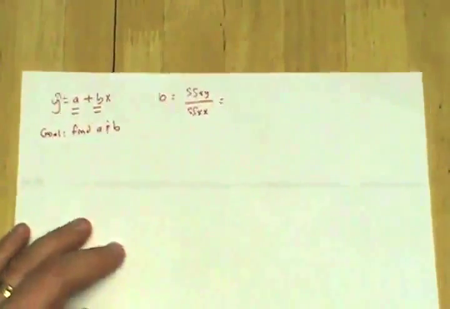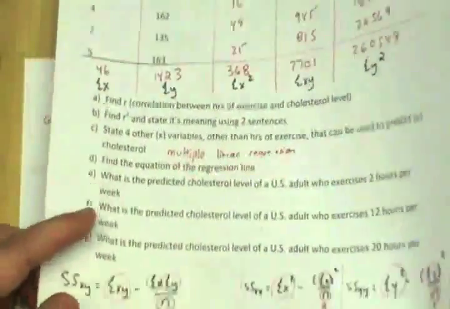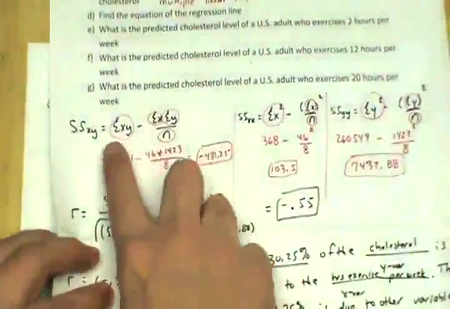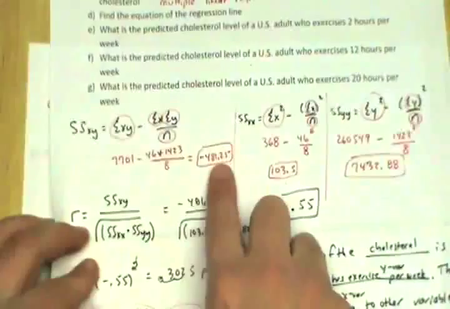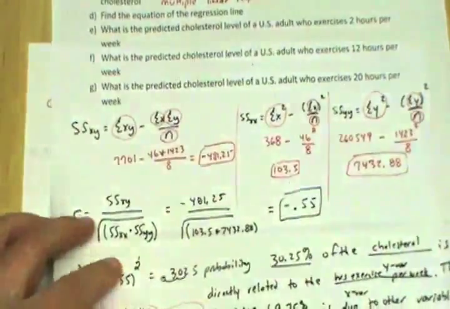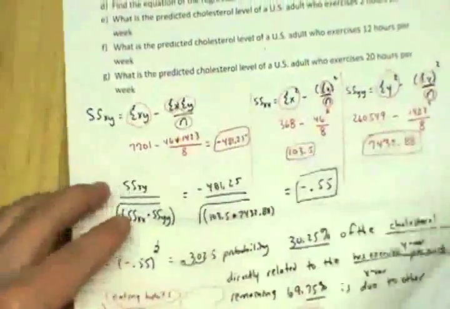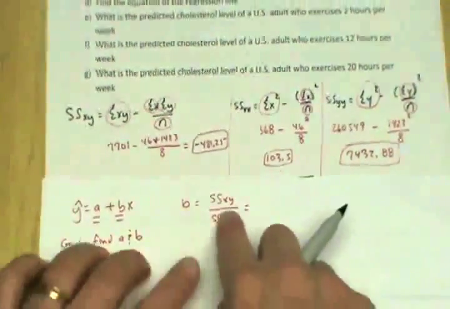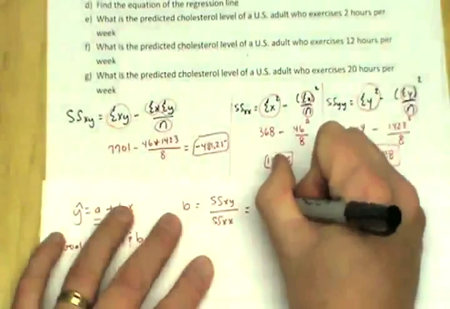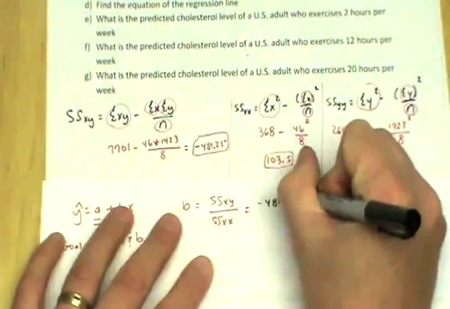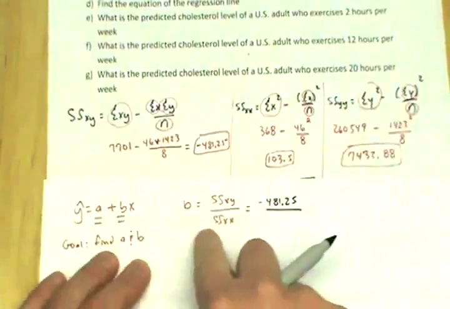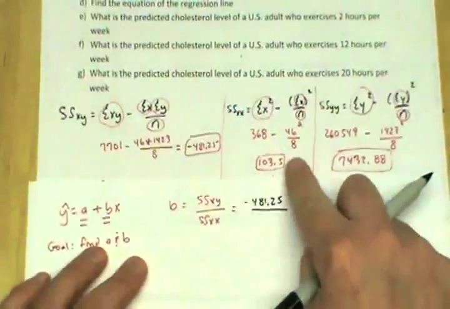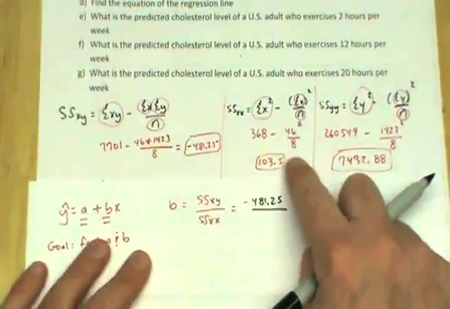I'm going to bring back the sheet that we just did a second ago, and we already have those values. So SS sub XY is negative 481.25. We're going to divide that by SS sub XX, and we found that previously to be 103.5.